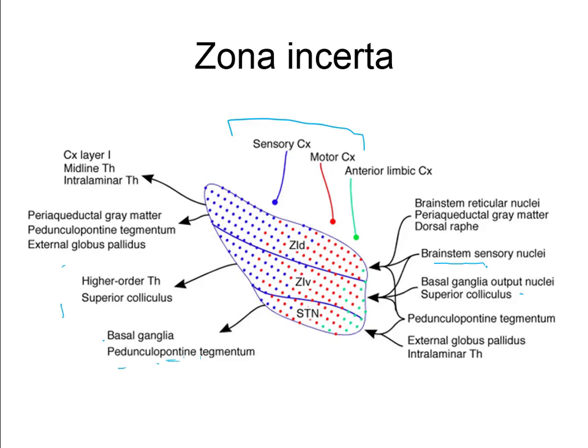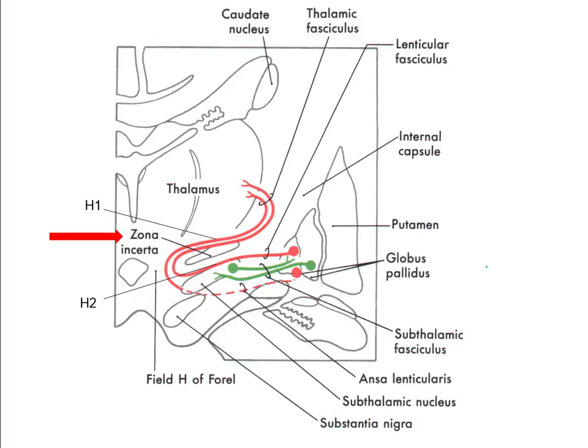We actually begin to know a little bit about it these days because as people treat Parkinson's and other movement disorders with deep brain stimulation, as you are placing the electrodes, if you go through the zona incerta, why might you go through the zona incerta? Well, say you're putting your electrode in and you're trying to get to the subthalamic nucleus. On your way in, you might start to record and go, oh, I now anatomically know I am here and I can recognize what the pattern of activity is in H1.